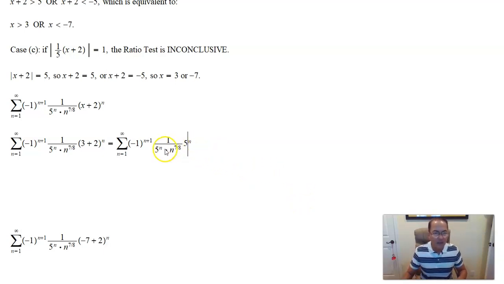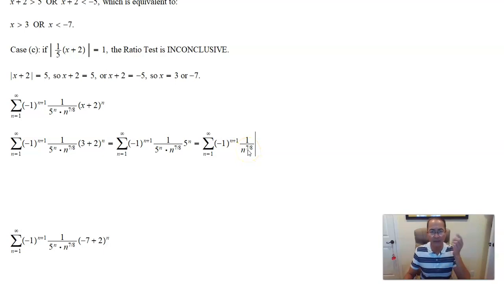Oh, wait a minute, there's a 5 to the n down there, so we can cancel those 5 to the n's. Goodbye and goodbye. So when x is exactly equal to 3, we simply get this alternating p series. And of course p is 7/8.